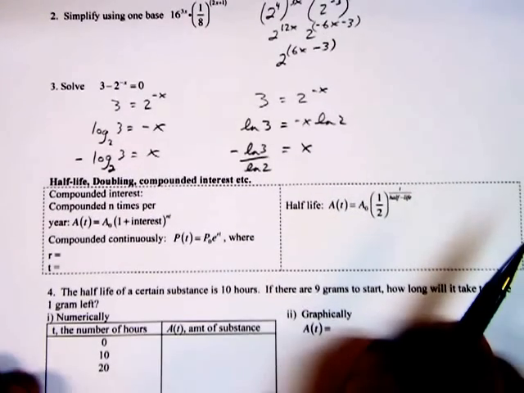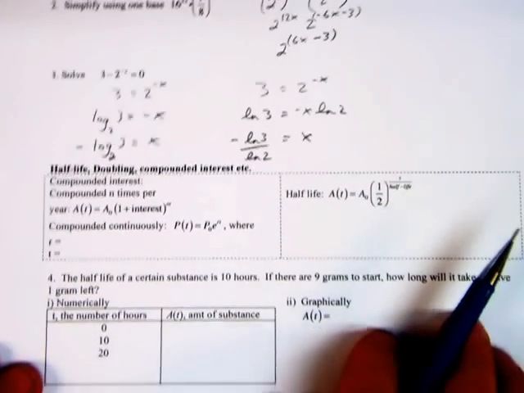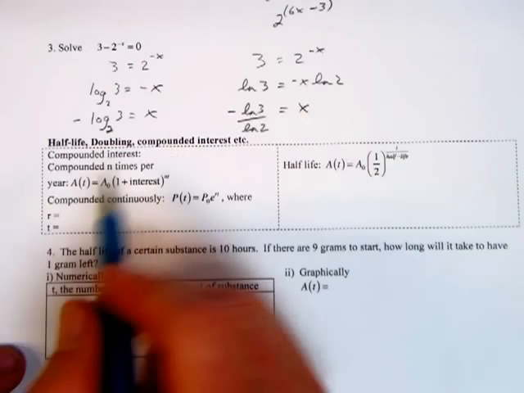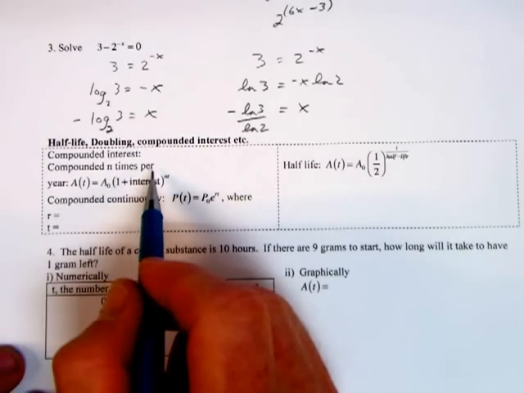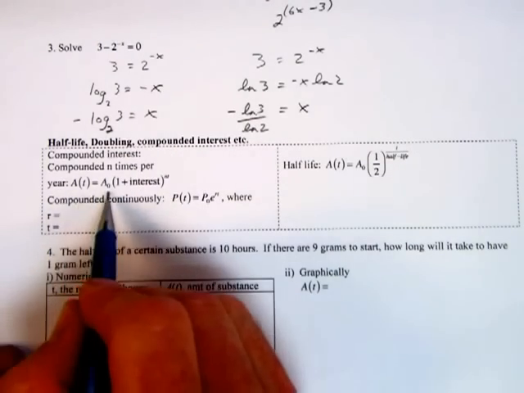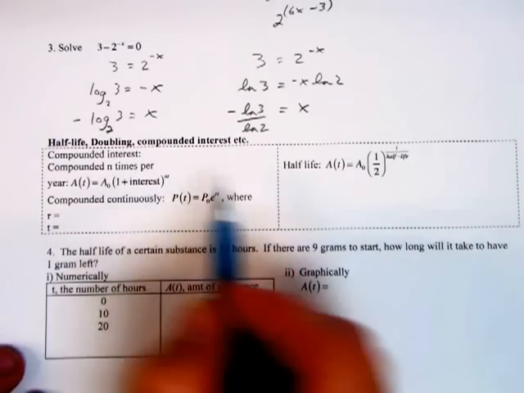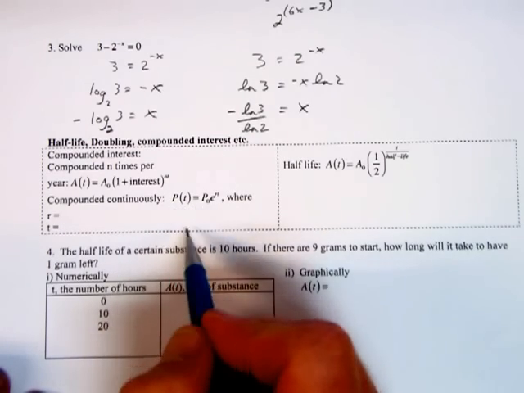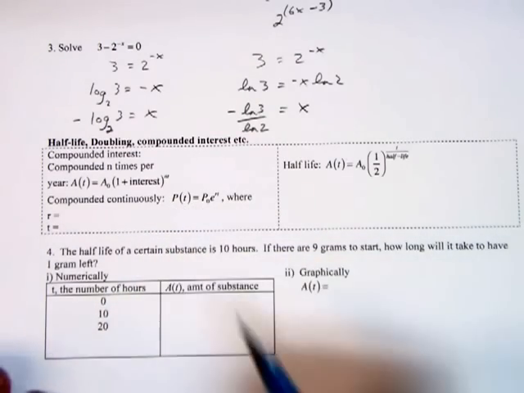All right, the next part. We have half-life, doubling, compound interest, etc. When we're compounding n times a year, we have A of t equals A sub 0 times 1 plus our interest to the nt. Compounded continuously is when we have the limit as n goes to infinity.